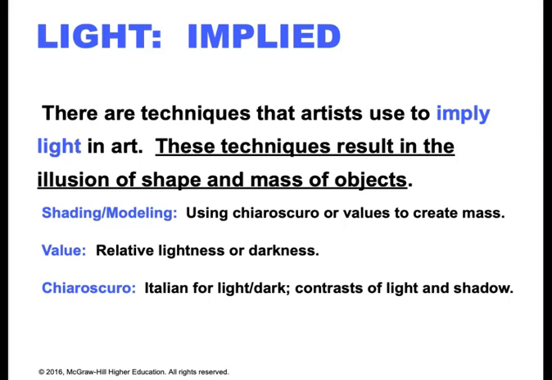Hopefully you're catching on to what value means. Value, if you want to write a side definition, oh, actually it's right here. Never mind. Value is the lightness or darkness of something. And so artists, when they're using value, are really thinking about how light or dark do I need this to be.